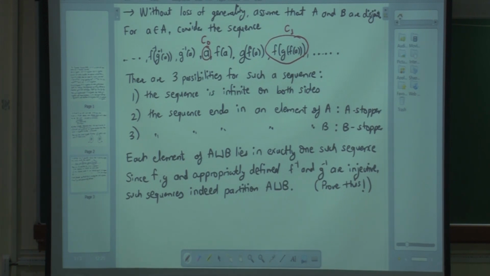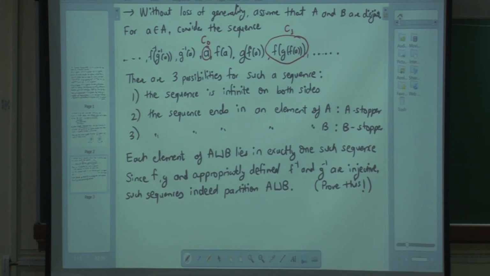Now again, same thing. If C0, C1 and C2 are three elements such that C0 and C1 lie in the same sequence and C1 and C2 lie in the same sequence, then looking at their position, C0 can be here, C1 can be here, C2 can be here. Then from C0 you can go to C2.